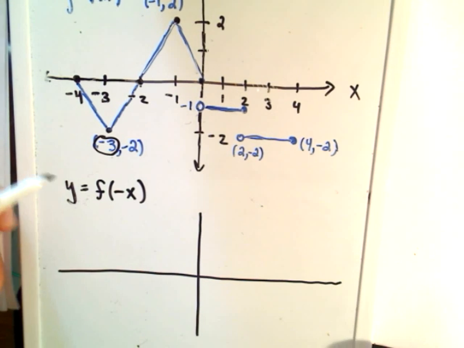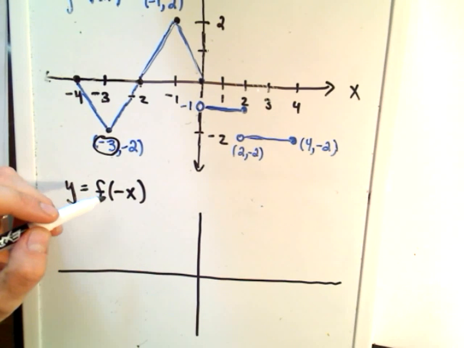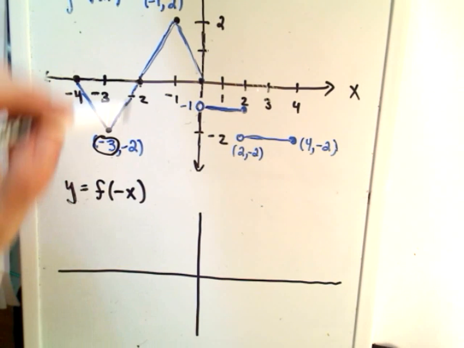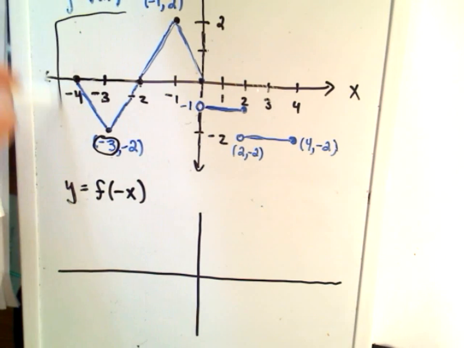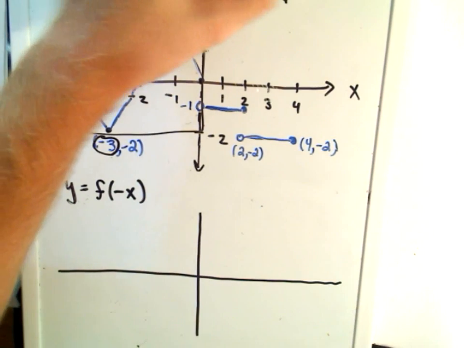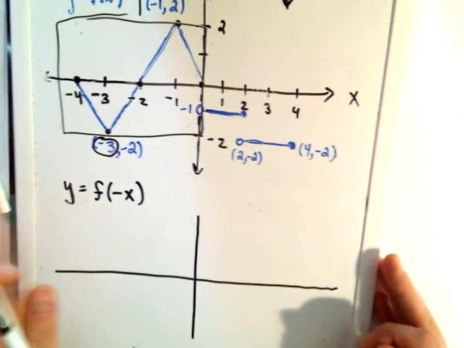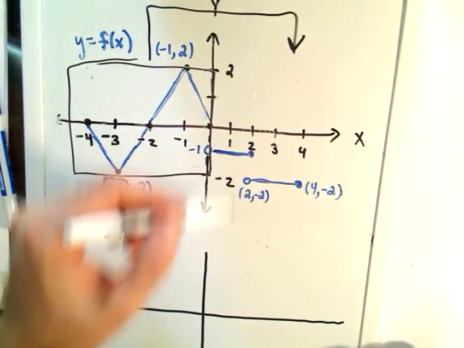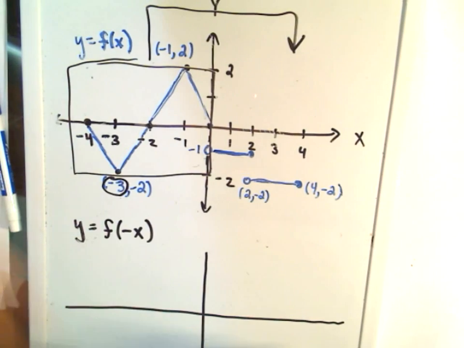Okay, last but not least, we said if the negative is on the inside, all that does is reflect the graph about the y-axis. So this portion that was originally on the left side is going to get moved over to the right side. And this portion that was on the bottom will get moved over to the left side.